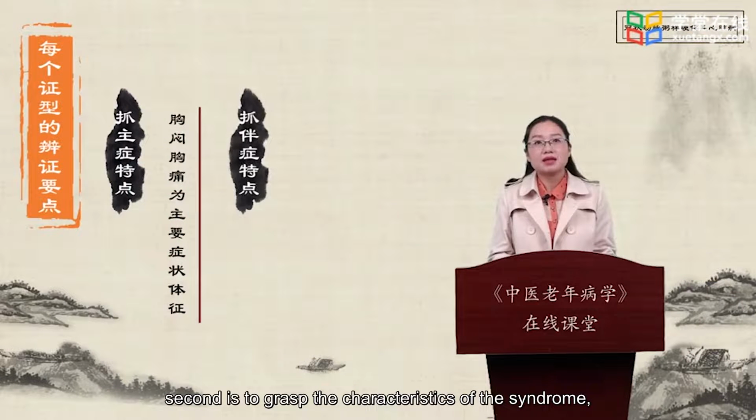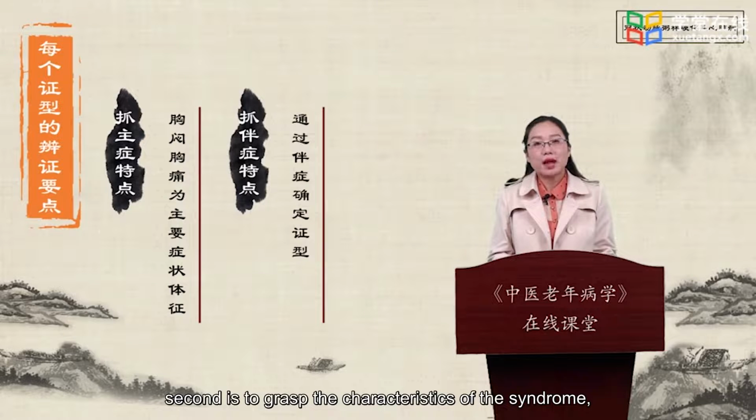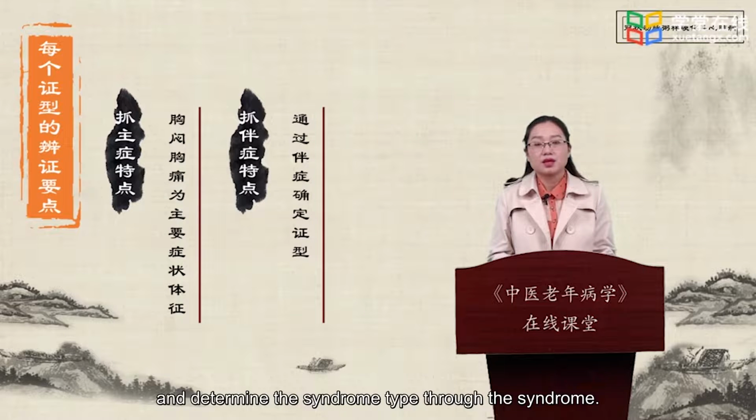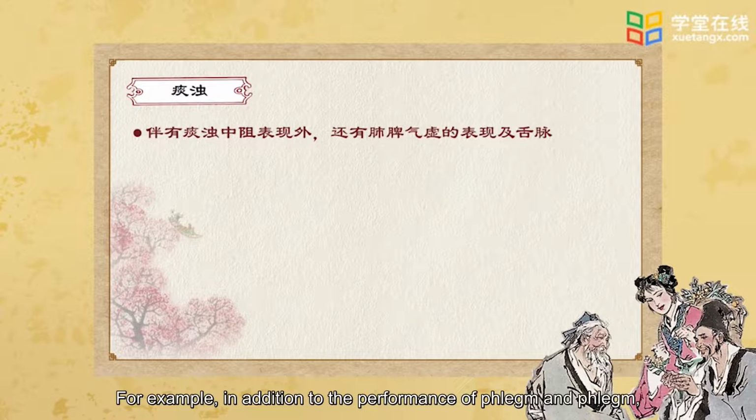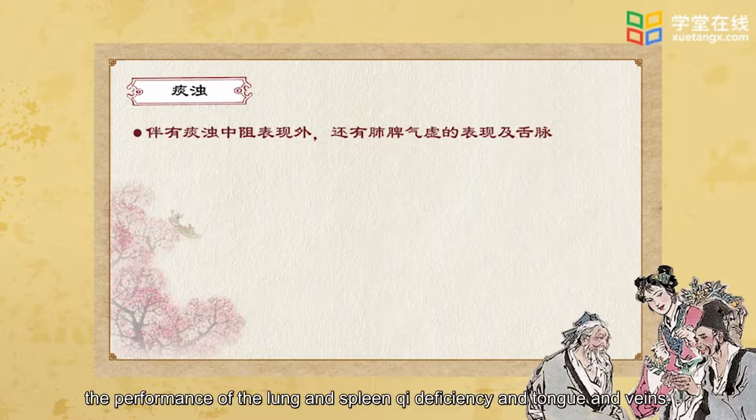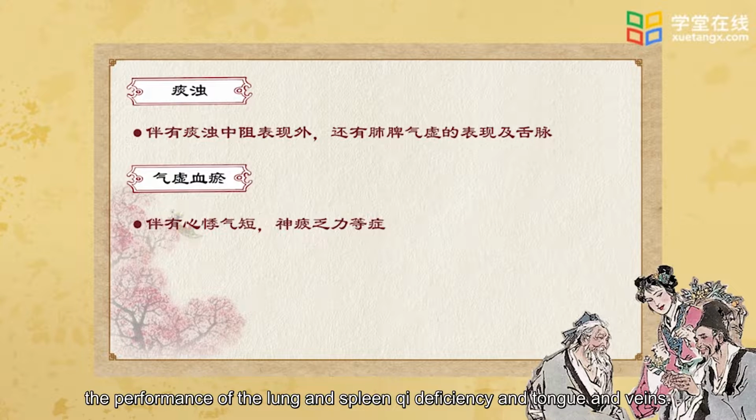Second is to grasp the characteristics of the accompanying symptoms and determine the syndrome types through them. For example, in addition to the manifestations of phlegm, there is lung and spleen Qi deficiency, along with the tongue and pulse.